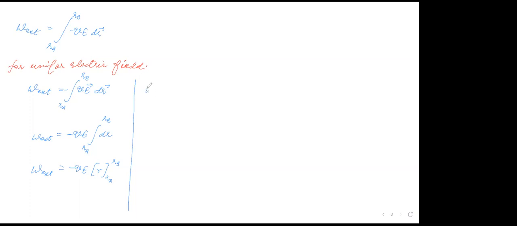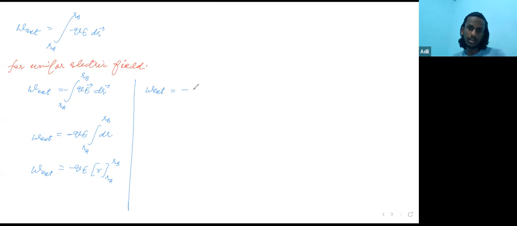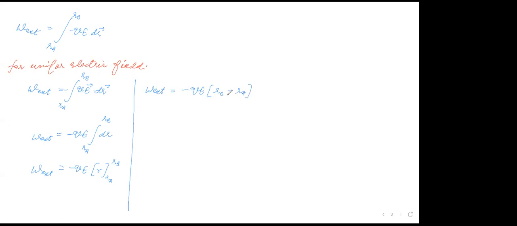Again, W external can be written as minus QE R, where R can be written as RB minus RA. Are you understanding it or not?